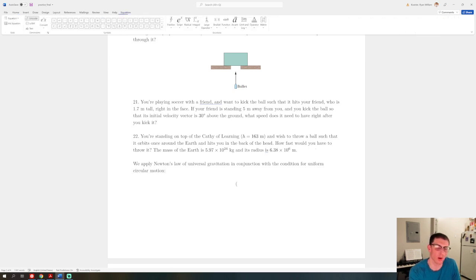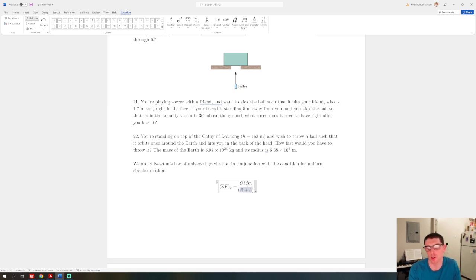So all we're saying, right, is that the net force in the centripetal direction on the ball is going to be GMm over the radius of the Earth, right? Because we're talking about the centers of mass here, so we need to think about the distance between the center of mass of the Earth and the center of mass of the ball.